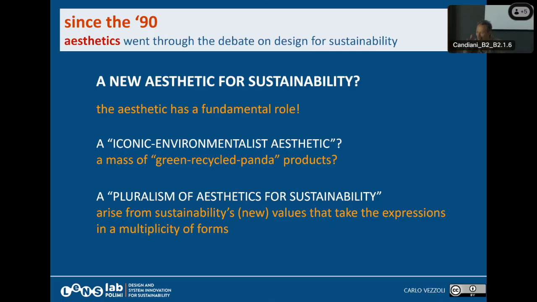So there is not just one. And this is great. It's beautiful. If we had to do everything in green, looking like a panda, with a recycled surface like a sheet of board, we wouldn't have freedom to design. Here is to say that there is a lot of freedom for you to design.